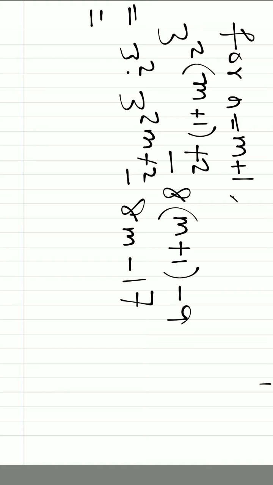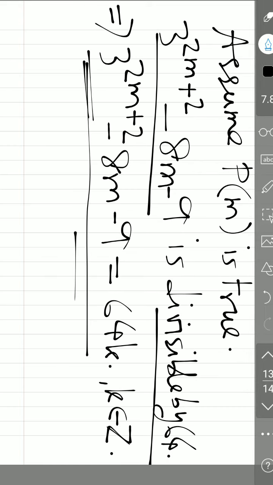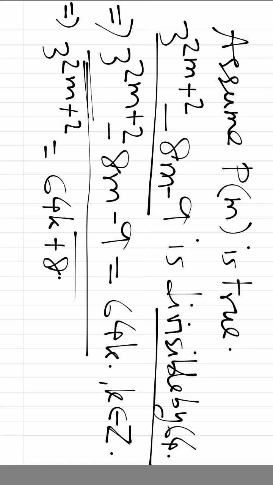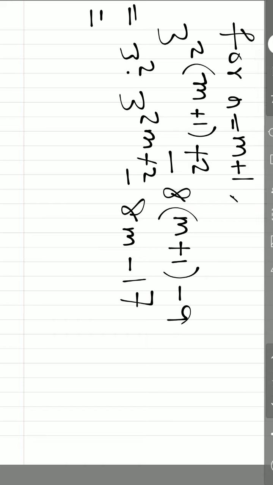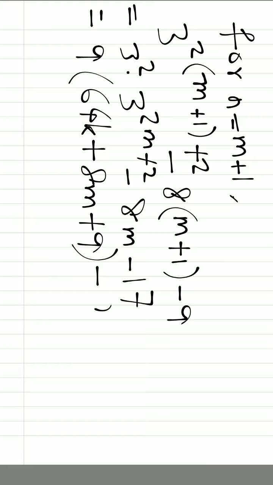So now see, the value of 3 to the power 2m plus 2 we have to put from this equation. So easily you can see that 3 to the power 2m plus 2 is basically 64k plus 8m plus 9. So if you are putting it here, you are getting 9 times (64k plus 8m plus 9), then it is minus 8m minus 17.